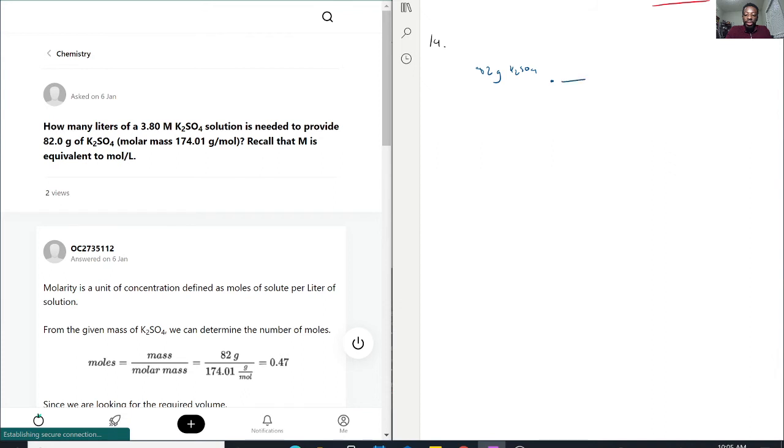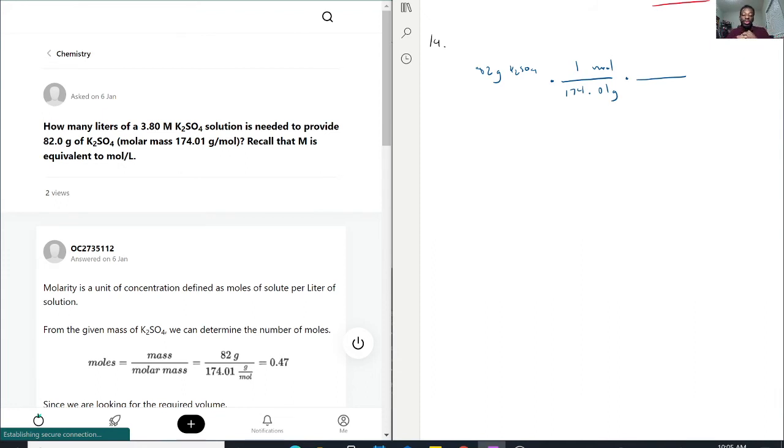All right, and we're actually going to multiply it by the molar mass given. Okay, so we're actually not multiplying. We want to divide. The reason why I say divide is because I want to cancel out those grams units. 174.01 grams per 1 mole of the K2SO4.